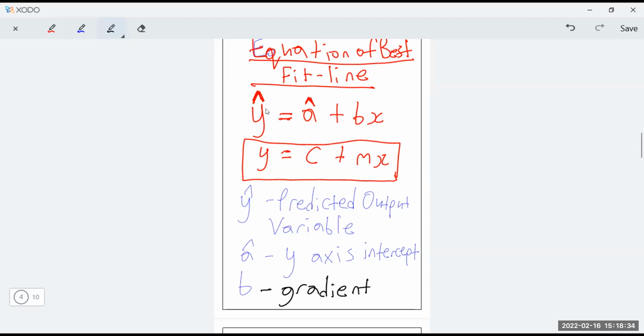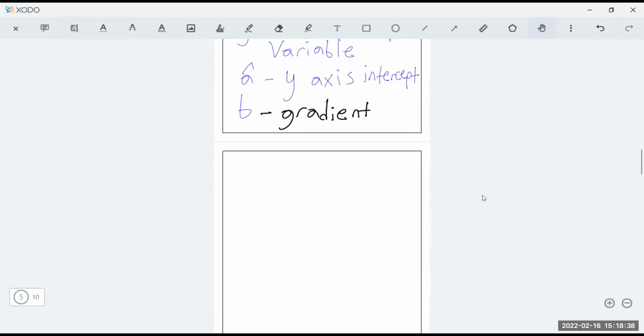And x now is your input variable, or the independent variable. All right, cool. And don't worry, we'll link everything to your SBA.